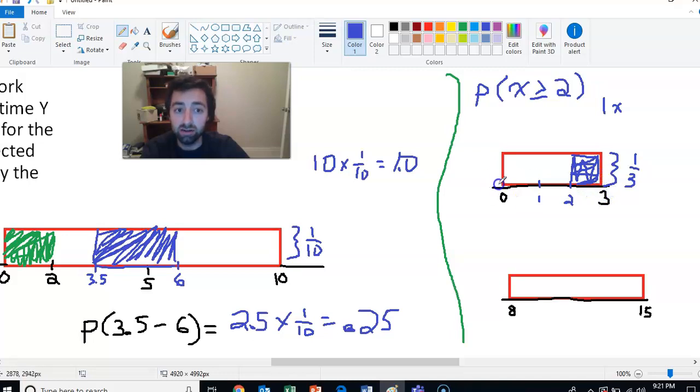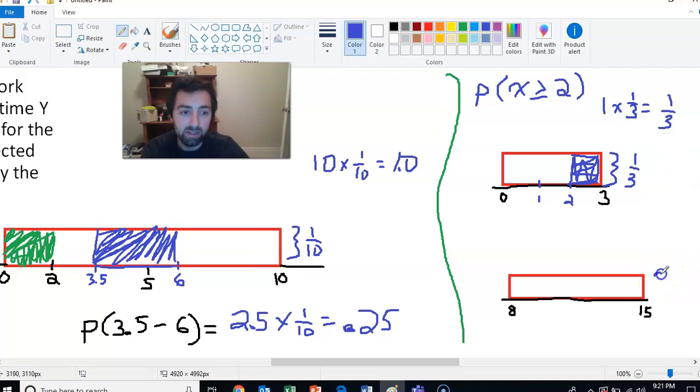So we have a total length of 3 and a total height of 1/3. You multiply the two together and you get a total area of 1. So what about this shaded region, the probability of x being greater than or equal to 2? Its length is 1, but its height is 1/3. So the probability that x is greater than or equal to 2 is just going to be 1/3.